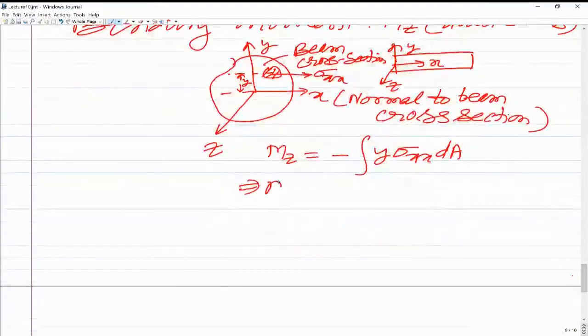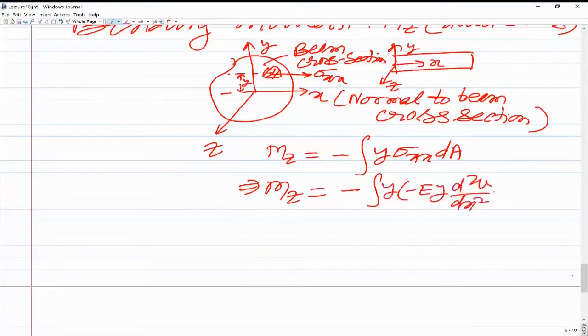Now you put the value of sigma xx, which we have already written: minus integral y, and sigma xx is minus E into y into d2v by dx square, dA. You will see that d2v by dx square is only a function of x, while the integration is only with respect to the cross section, and the minus minus will cancel.